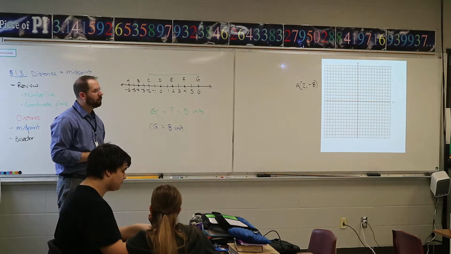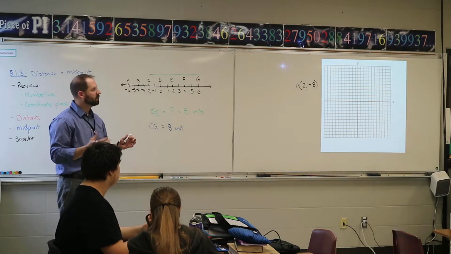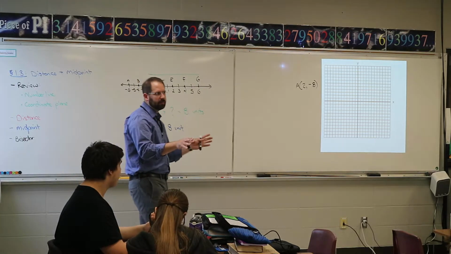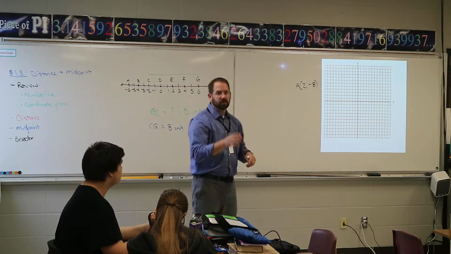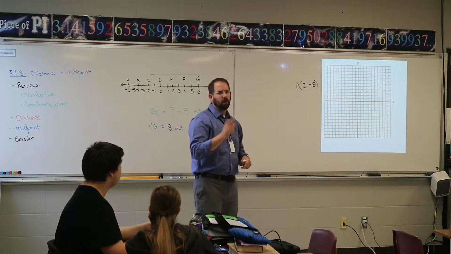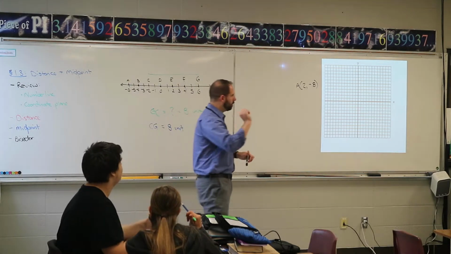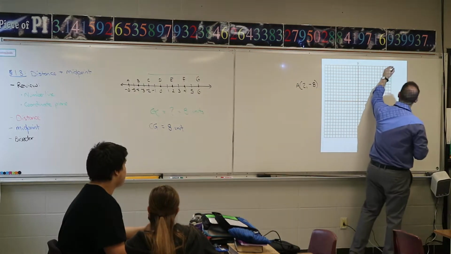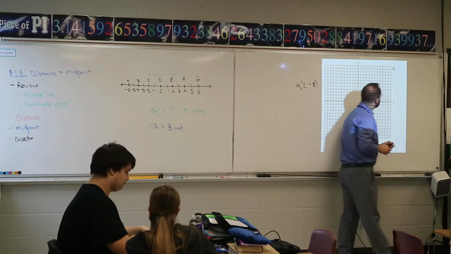2, -8. Now, the graph has an x-axis and y-axis, already labeled for you, and has an origin. There's 4 quadrants. Where's quadrant number 1 at? Top right. Where's 2?